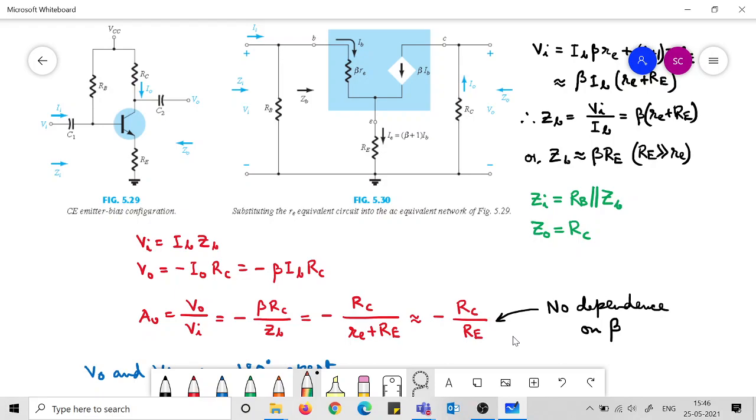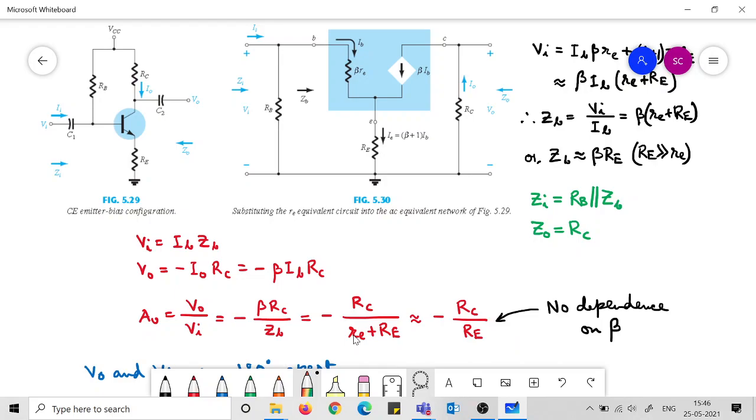I hope you can understand the significance of this result. The previous configurations, the voltage gain was dependent on the transistor. Now we can simply have a voltage gain of our own choice by setting the Rc and Re of our own choice.